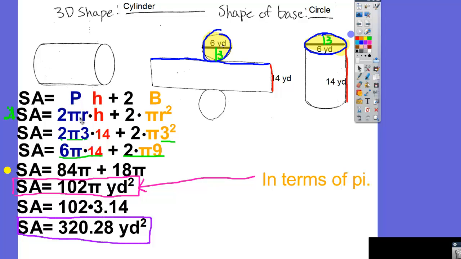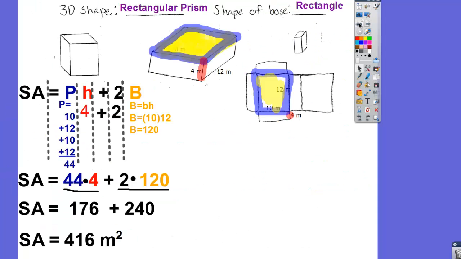They're the same thing, it's just they plugged in the formulas. We talked about how to combine like terms to get our answer in terms of pi. And we also talked about how to plug in pi to get our answer without pi in it, just not in terms of pi.